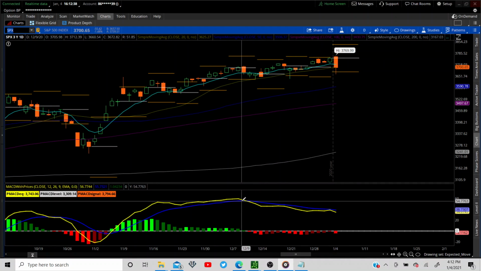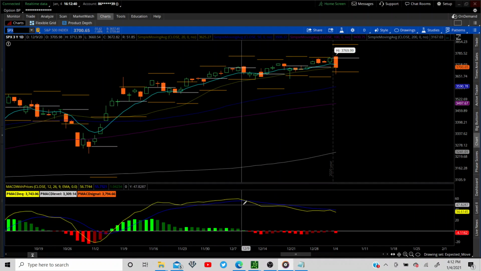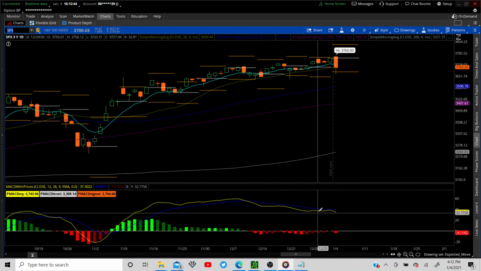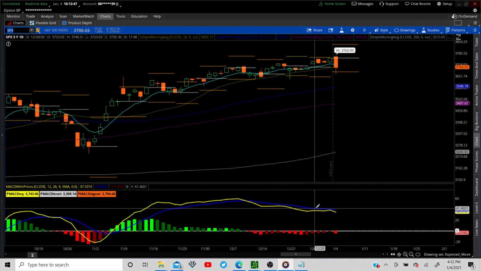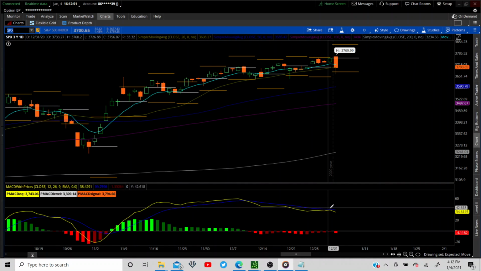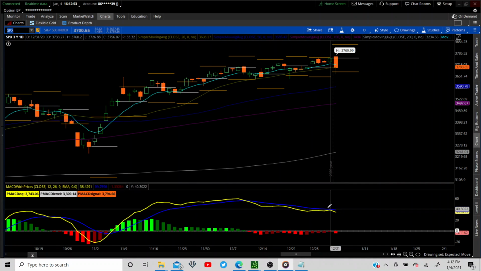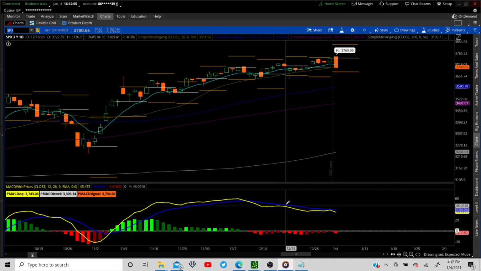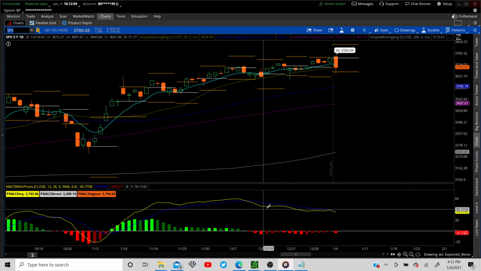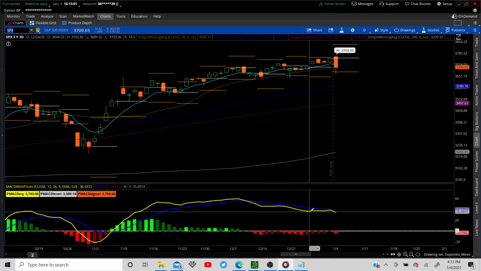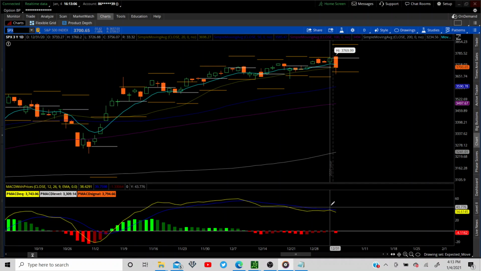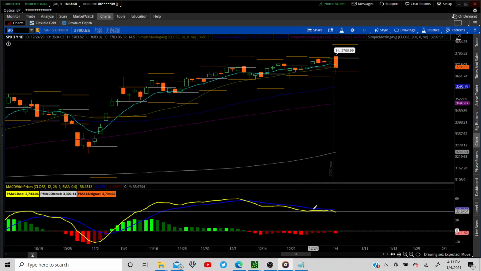Now, a couple weeks ago, we made this daily MACD crossover to the bear side. We've been shuffling to the side, consolidating, actually grinding up just a bit, showing some divergence. What we were paying attention to is that each time we come close to the blue line, the moving average, and the yellow line is the leading line, we're trying to push back above there and gain some momentum.